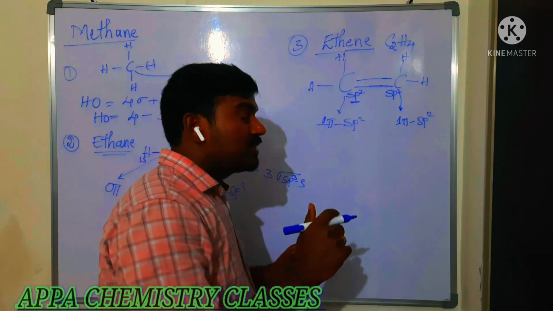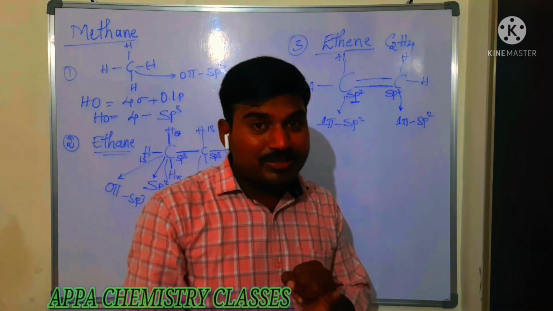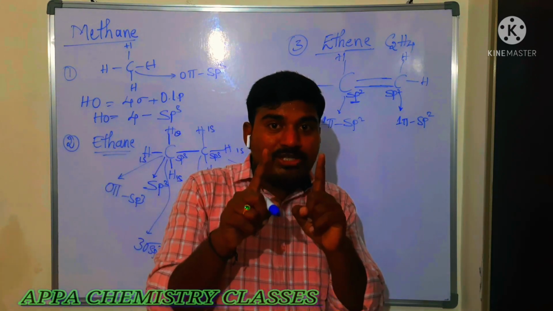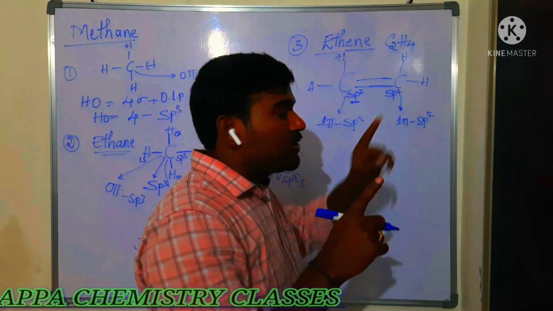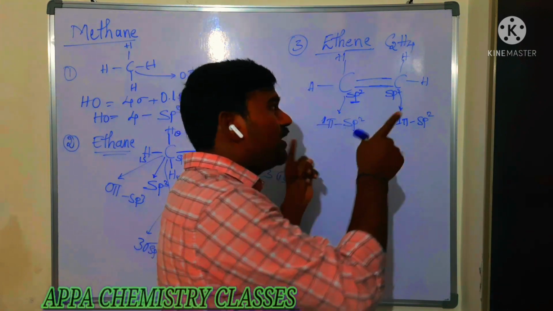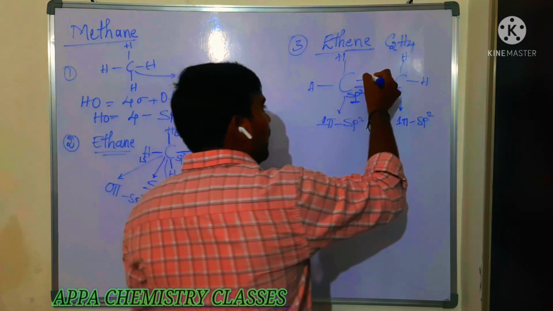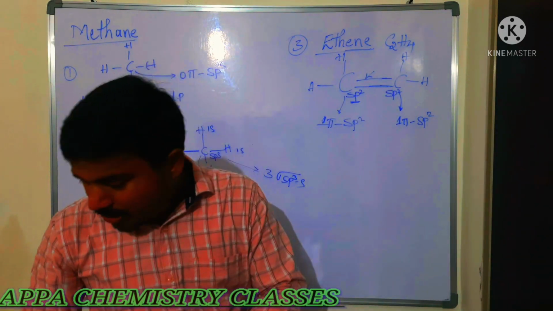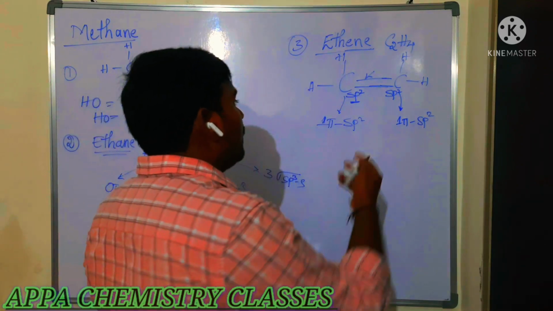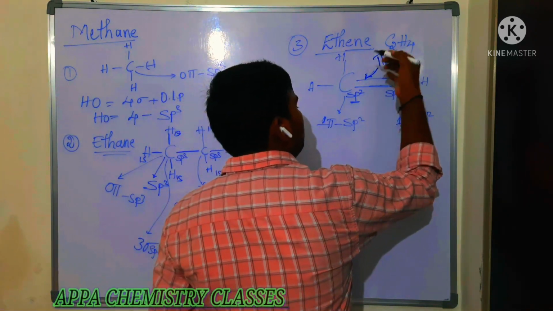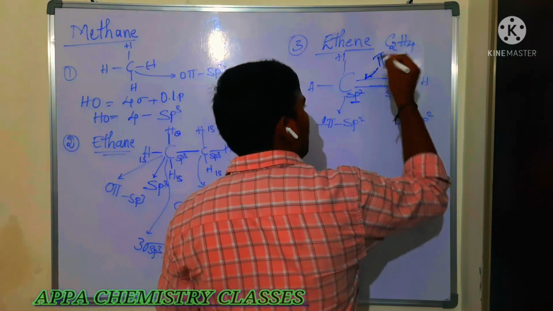Then what happens? The orbital which is not participating in hybridization will be involved in sidewise overlapping. This carbon also contains one more p orbital with an unpaired electron. Those two will overlap sidewise. They will form the pi bond. This pi bond is formed by sidewise overlapping, a p-p overlapping.